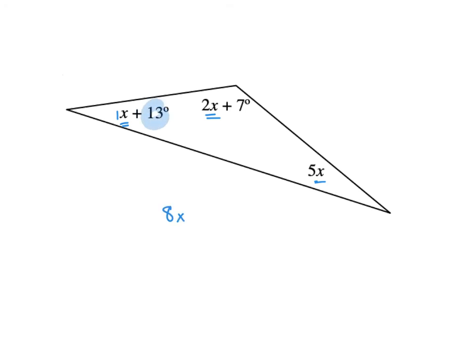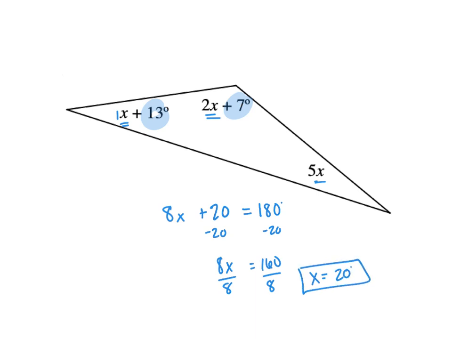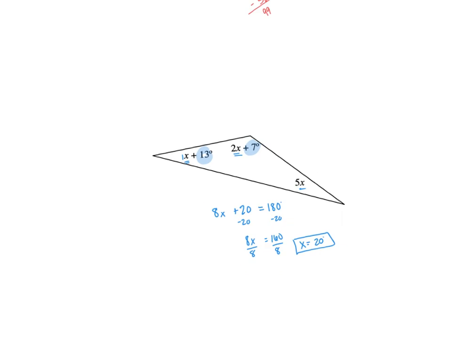And then combining like terms with the 13 and the 7, I know all my angles on the inside are 8x plus 20 when I simplify them, but when I use the fact that they're a triangle, so they add up to 180 degrees, that gives me an equation that I can write and then subsequently solve. So these are just a variety of the different angle pair relationships you will use throughout this unit and this course to find values of the variable.